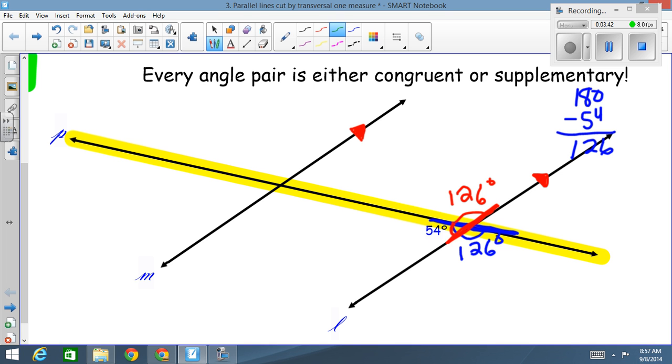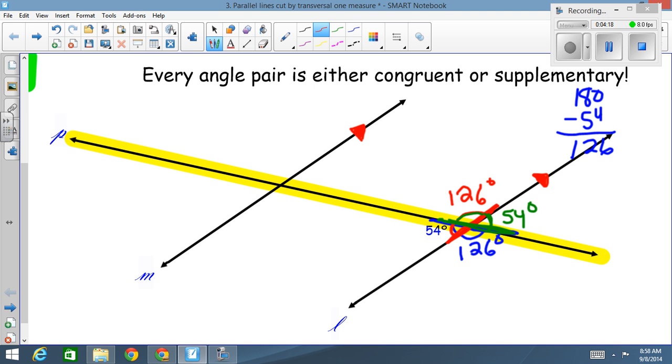If I go a step further and look at this line here, this angle and this angle need to add up to make the green line. 126 plus what gives me 180? Well, that happens to be 54 degrees. So now you're looking at this idea that if you're given one angle, you know all four of those.